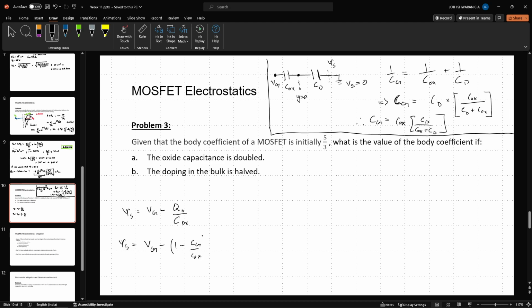So why did I write Cox here? The reason I wrote that is, ideally speaking, this is what I would want. This is the expected behavior. Whatever voltage drop I want, I will want it to happen across the oxide layer, and no gate voltage dissipation should occur in the substrate. However, Qn actually depends on more than the oxide capacitance.